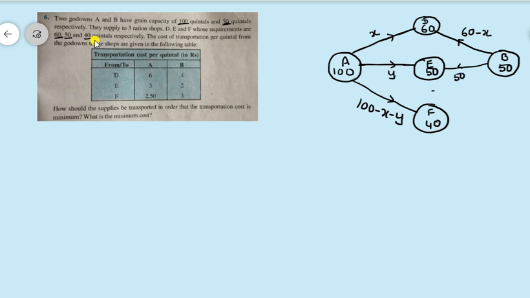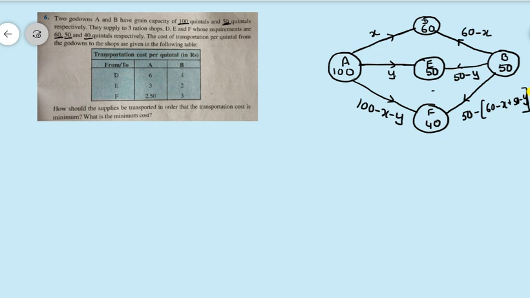More 50 minus y we have to supply from B. Whereas total availability at B is 50. We supplied 60 minus x to D, 50 minus y to E. So that is the remaining amount we have to supply to F.